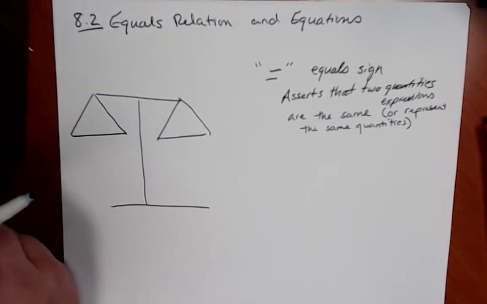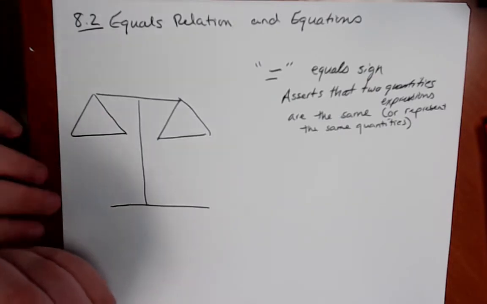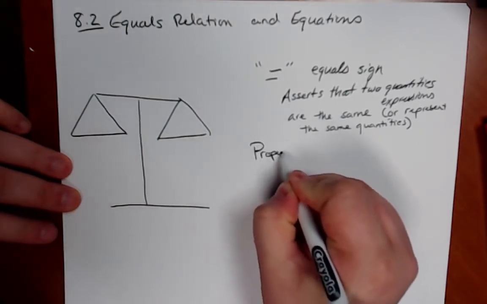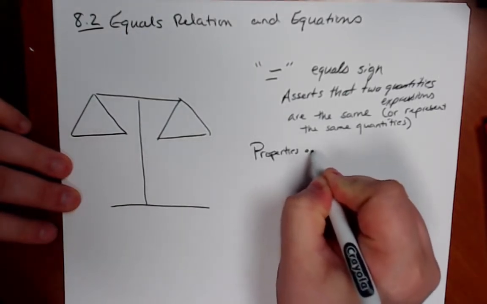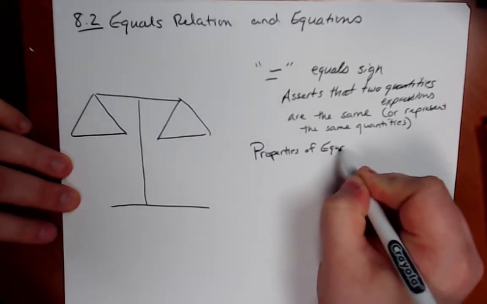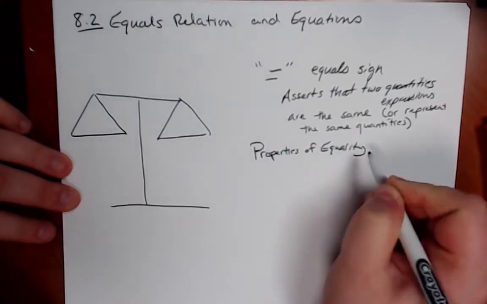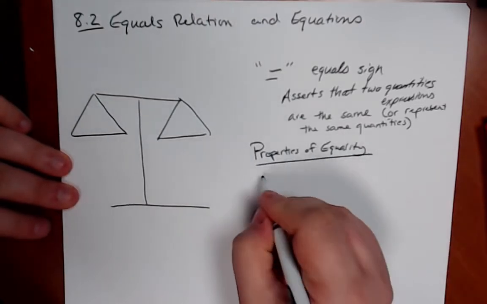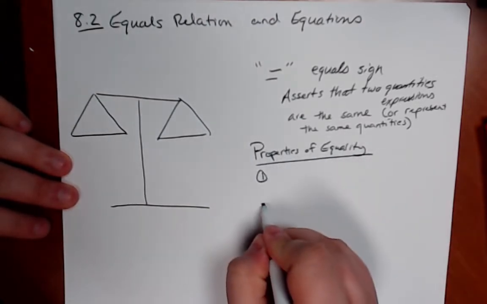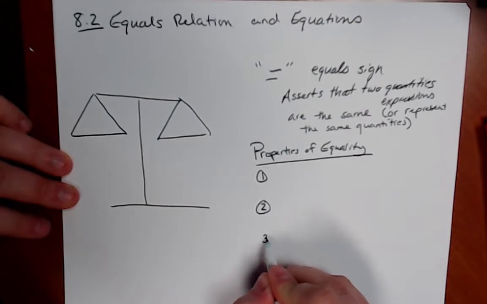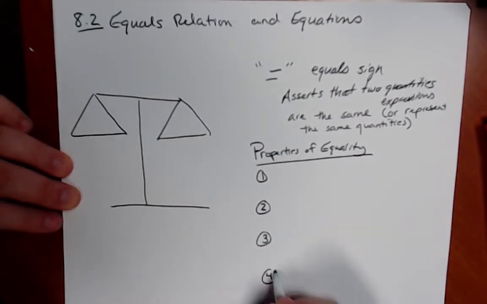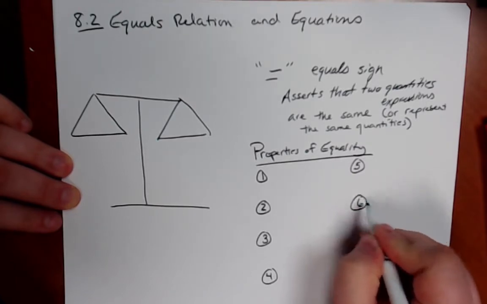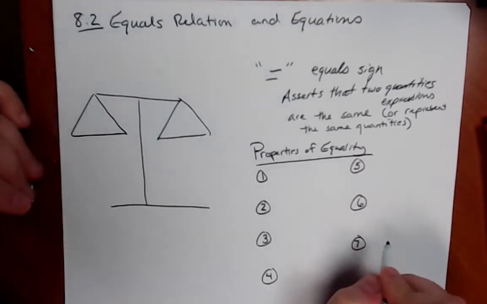So we're going to first formally go through the properties of equality. And there are 7 of them. So 1, 2, 3, 4, 5, 6, 7.